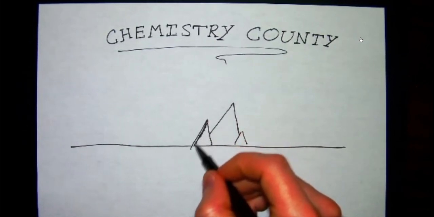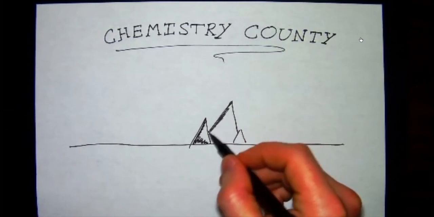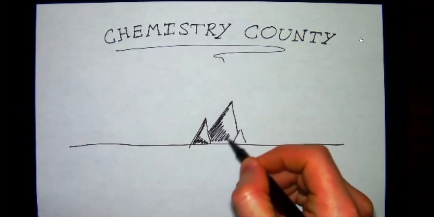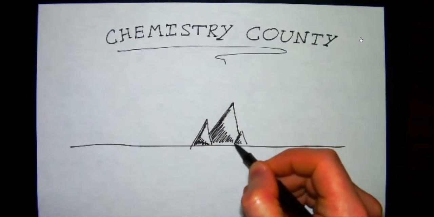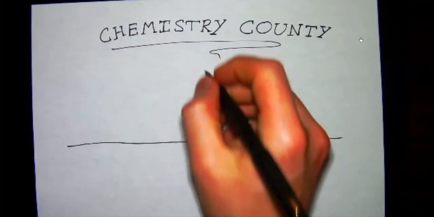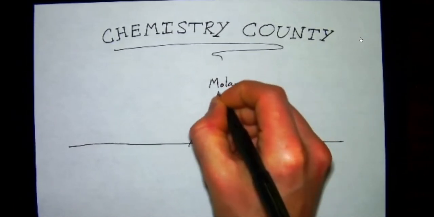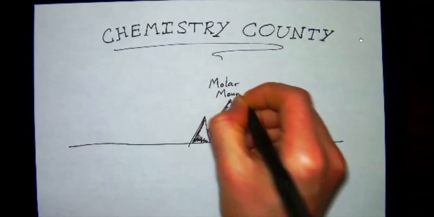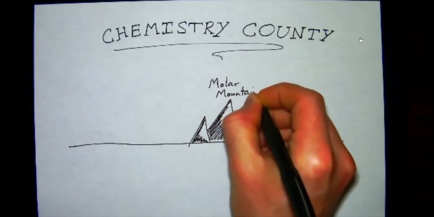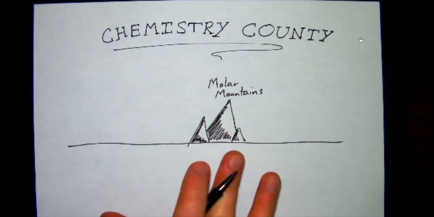We can do some nice little shading to make these look good. Beautiful. All right, so we're going to call these the molar mountains. We started with understanding what a mole was.